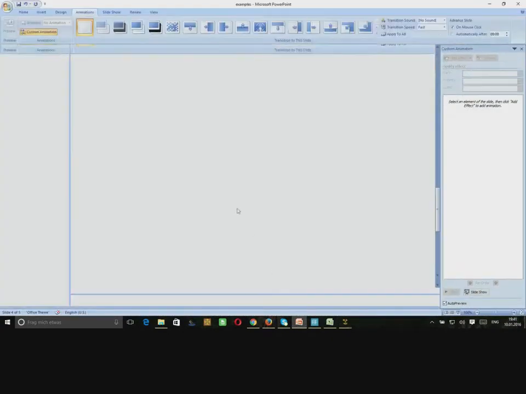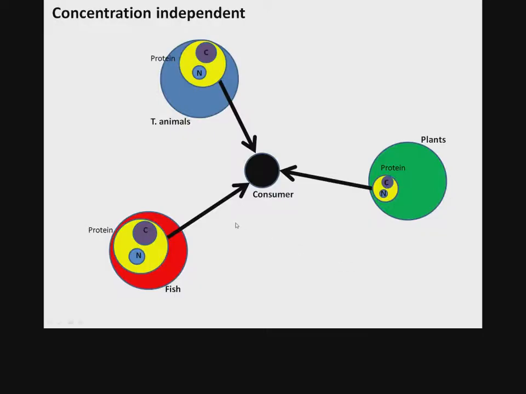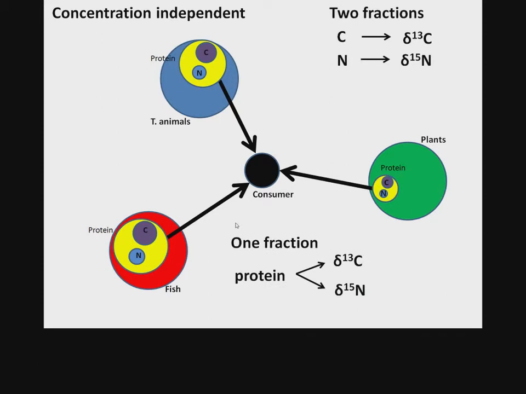Now, coming back to the slide that I showed you, as I just mentioned, you have two ways of implementing this concentration independent model in fruits, by considering either two fractions or just one fraction. So what would be the advantage of considering just one fraction?